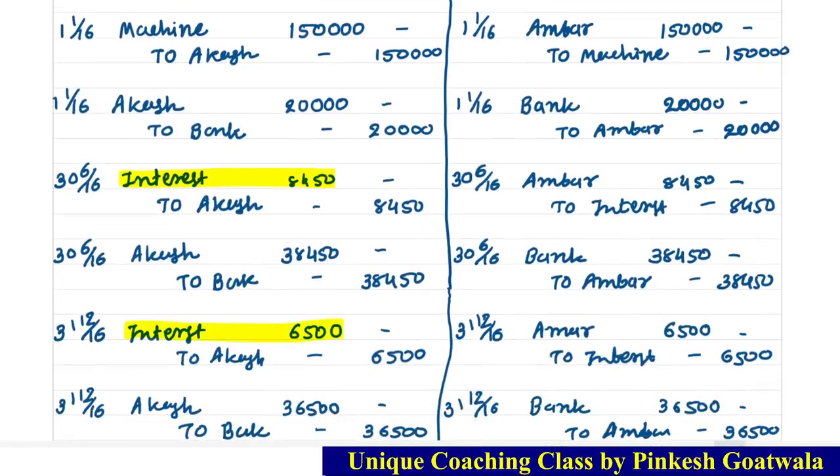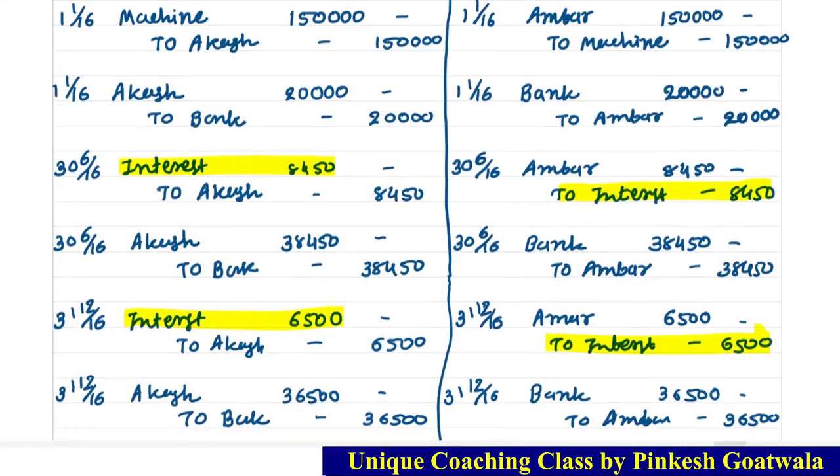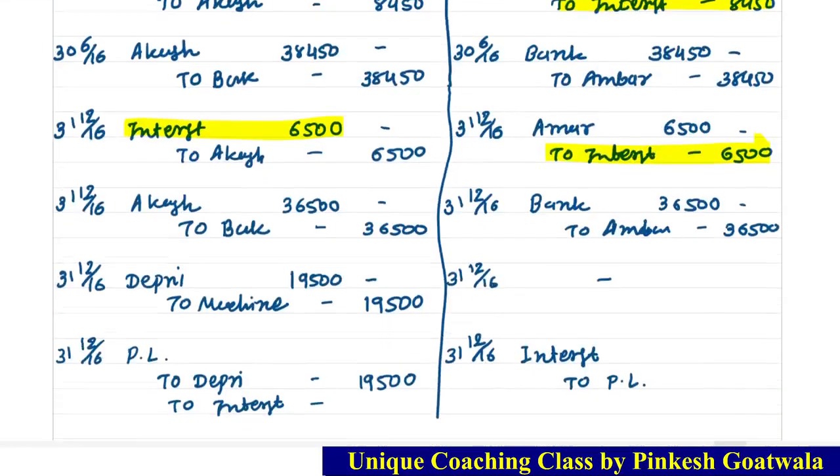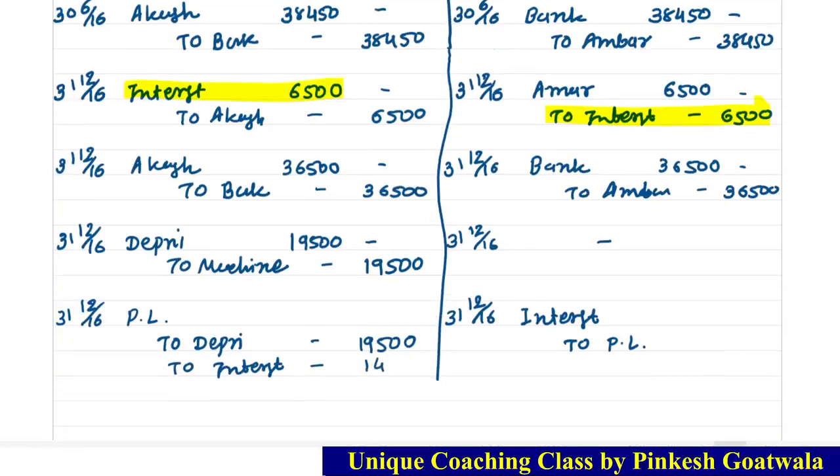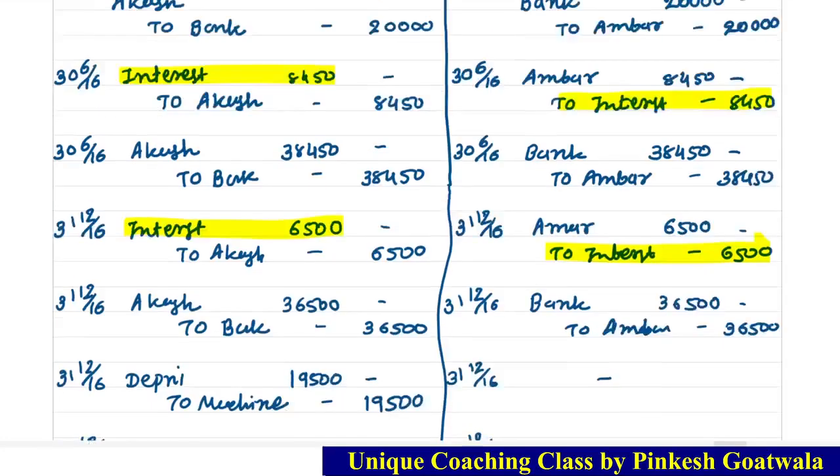Here also interest comes 2 times, 6500 and 8450. So what amount of interest will we take? 14950. Here the total will be 33950. Clear? So here we have completed our first year.